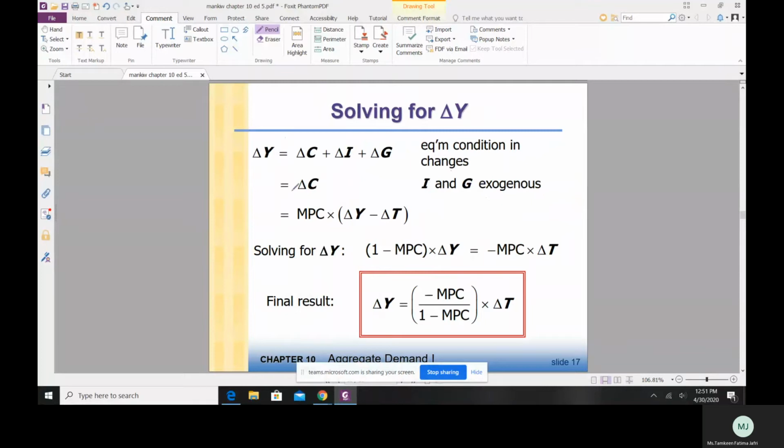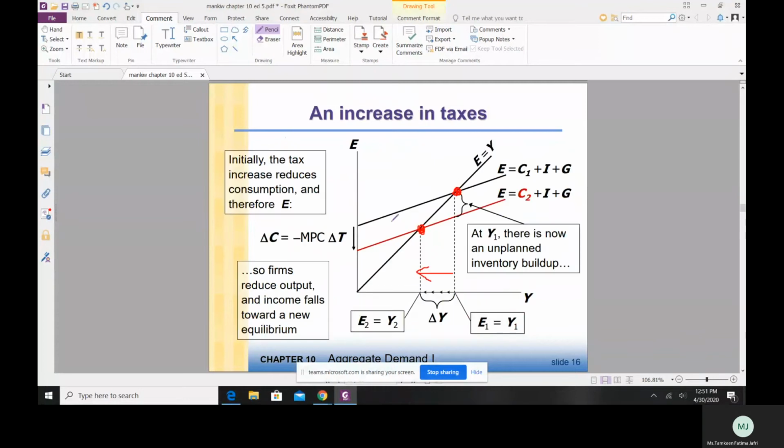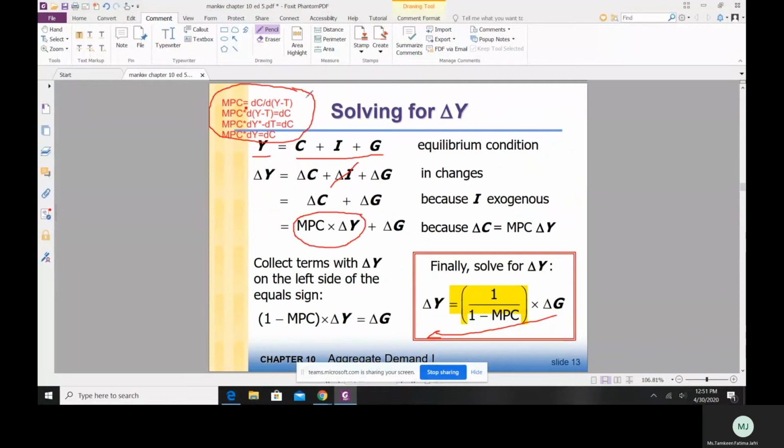So change in C is equal to MPC times delta Y minus delta T. Okay? ये मैंने क्यों लिखा है, ये जो मैंने आपको यहाँ एक्सप्लेन किया था ना, ये टॉप ऑफ द स्लाइड है, इस पे दोबारा आ जाएं. देखें, the definition of MPC is delta C divided by delta Y minus T.